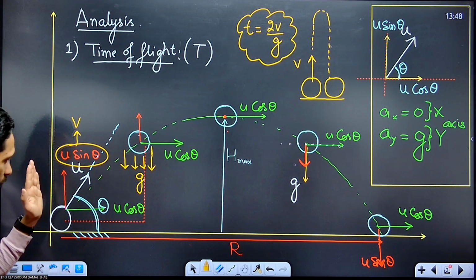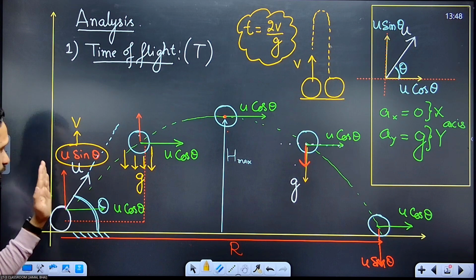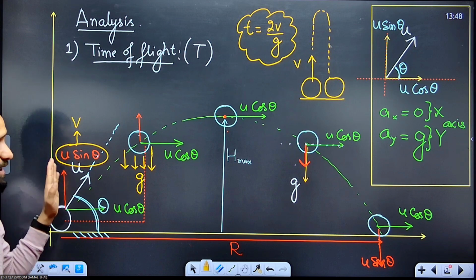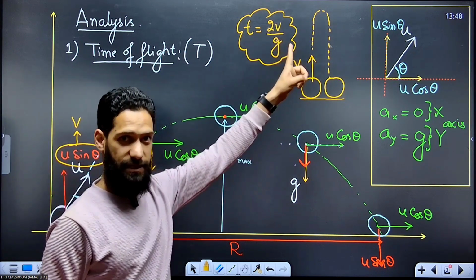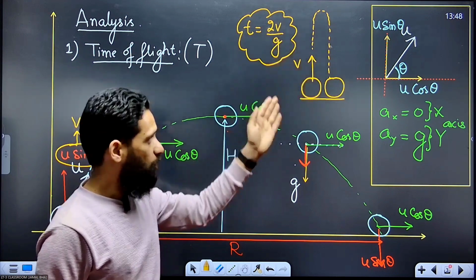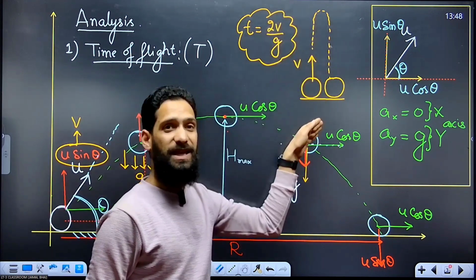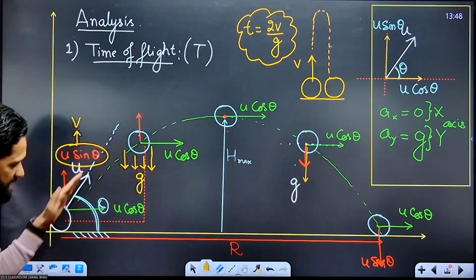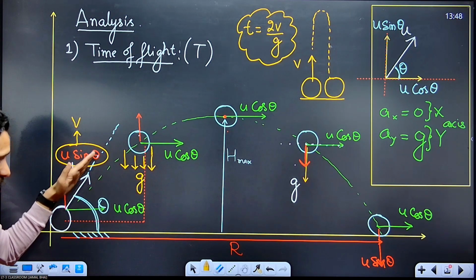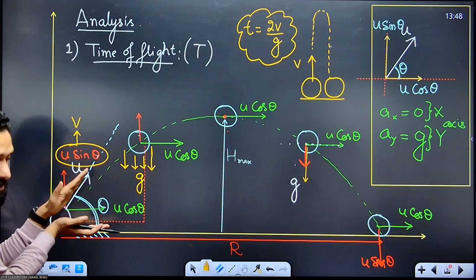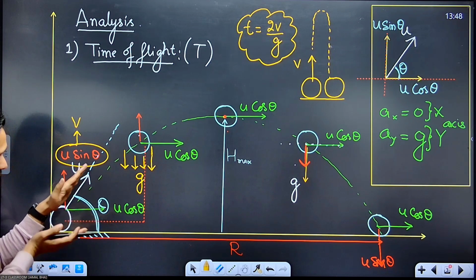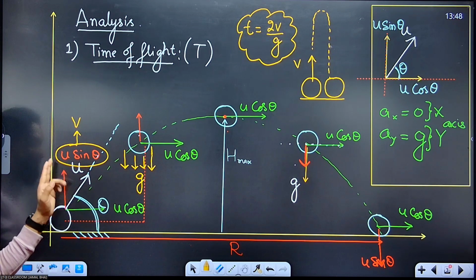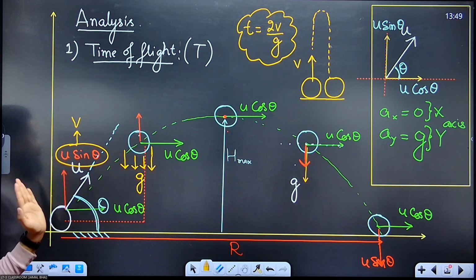Because now this is our vertical component with which the ball is trying to go upwards. Here it was completely upwards, it was not a projectile. The ball was just going up and making its path through the same line downwards. But here the body is thrown at some angle of projection. But the vertical component is still the same, u sine theta.